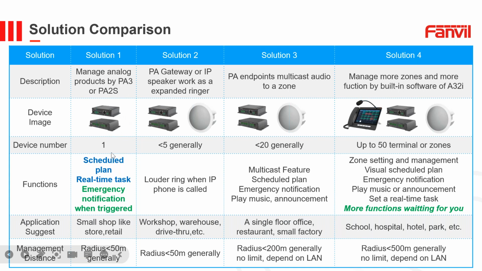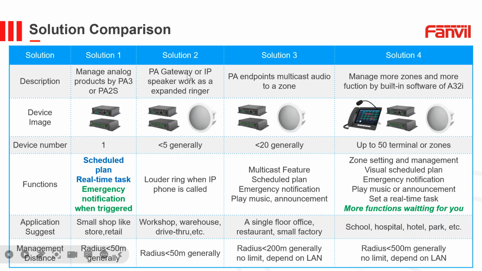PA3 is more suitable for schedule plan and real-time task, which are marked with blue typeface, and PA2S is more suitable for emergency notification, which are marked with green typeface. It can be used in some small scenarios like a store, retail, or shop. And the radius of the system is less than 50 meters generally.